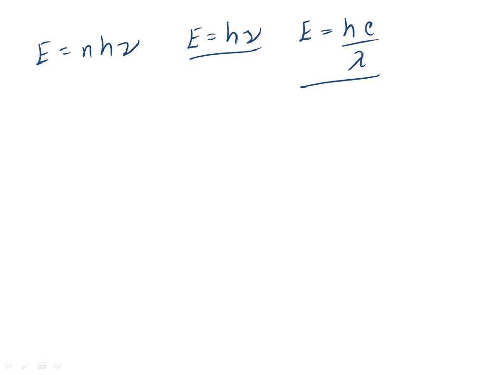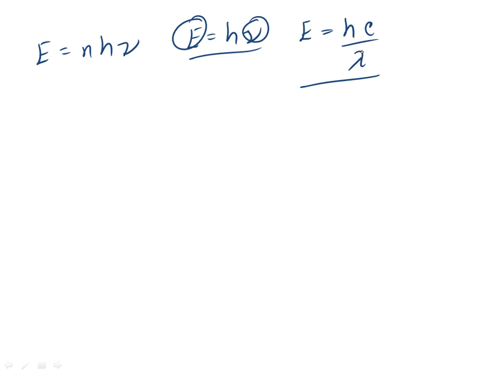Now, the equation illustrates that there's a direct relationship between frequency and energy. The higher the frequency of the electromagnetic wave, the higher the energy, or the greater amount of energy in that wave.